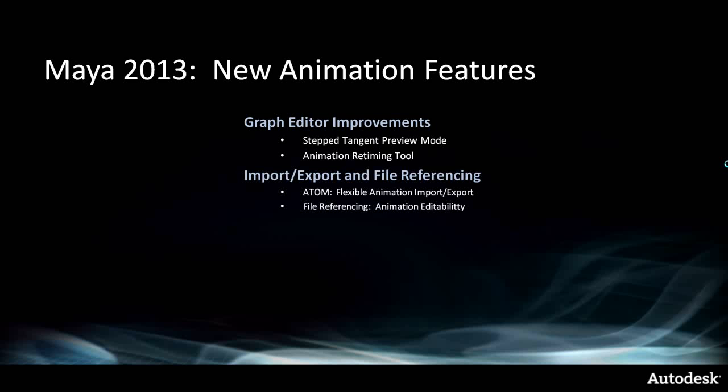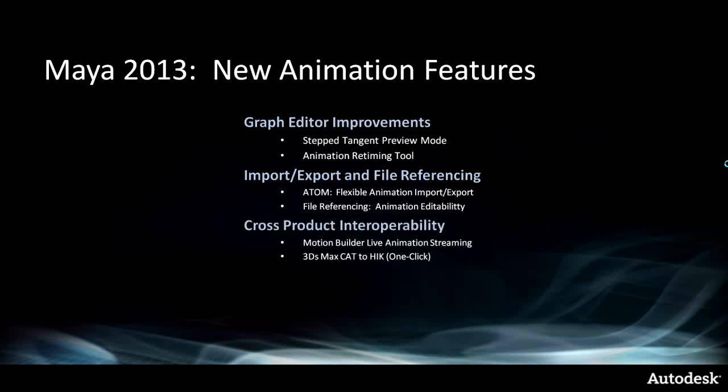We've also added a new import-export tool set called Atom, which is very flexible and easy to customize and control. And then we've also added a number of new features related to file referencing that tie both directly and indirectly into animation workflows, which I'll get into in a bit.